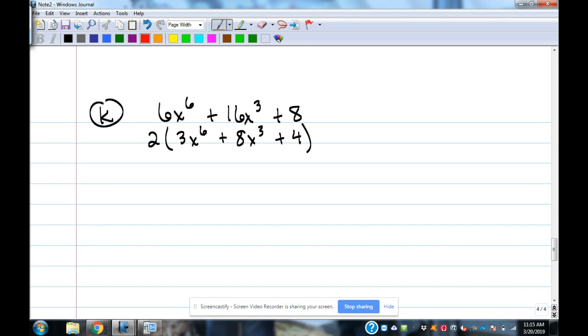This has x to the 6th power and x cubed. Ugh. But it has how many terms in it? 3. So that tells me, hey, I should try the x method on that because it has 3 terms.